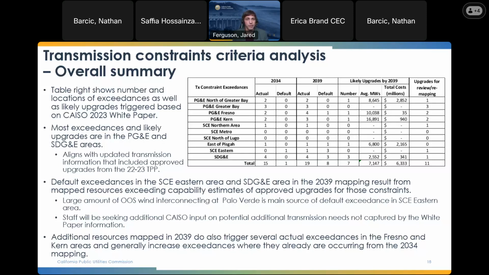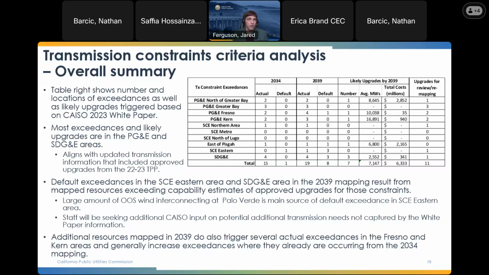This corresponds to the information we have for transmission, because in the 2022-23 TPP, significant upgrades were approved in the Southern California area, and so we have incorporated capacity estimates from the ISO of those upgrades.